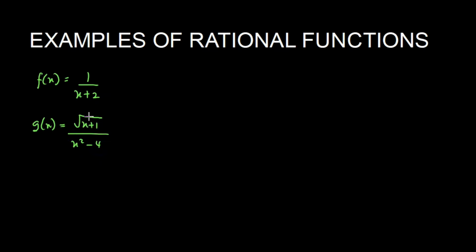This is also a perfect rational function. So we have different kinds of rational functions, and in your own small way, you can generate your own rational function. You may also have k of x equal to x over x minus 6. It is also a perfect rational function.